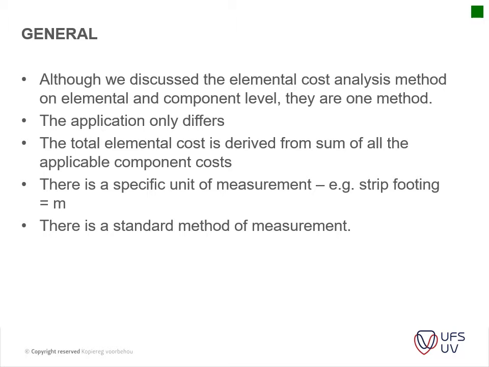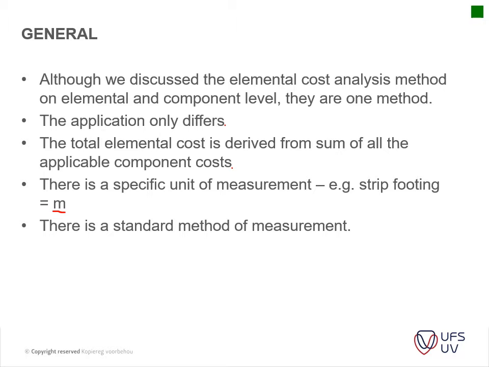That's the main thing, is with up to component level, we're going to look at each and every component. So it's being broken down further and further. Okay, so the total elemental cost is derived from the sum of all the applicable components. Okay, there's specific units for measurement, e.g. our strip footing is measured in meters.